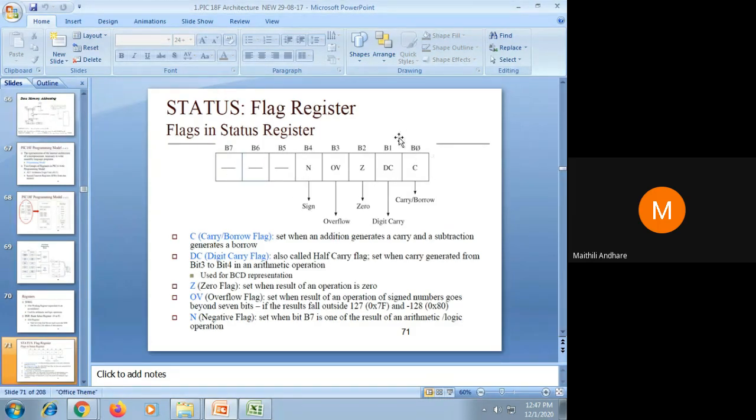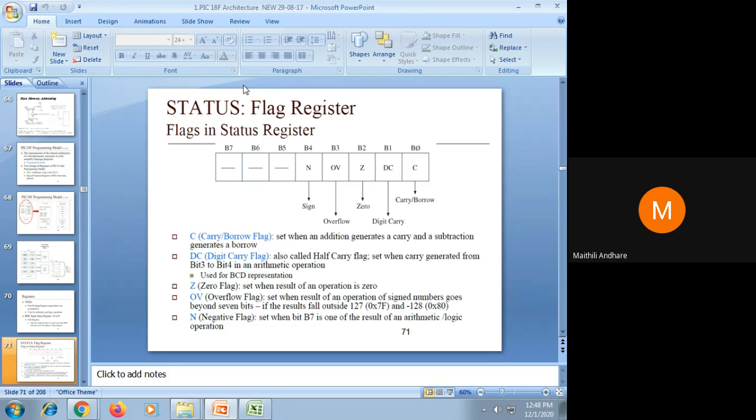At least you should know the organization of this register, and you should elaborate each and every bit with a simple explanation, or a simple example, according to your understanding. And how do you correlate this register with your 8051 microcontroller? The PSW register is the same as the flag register in PIC microcontroller.